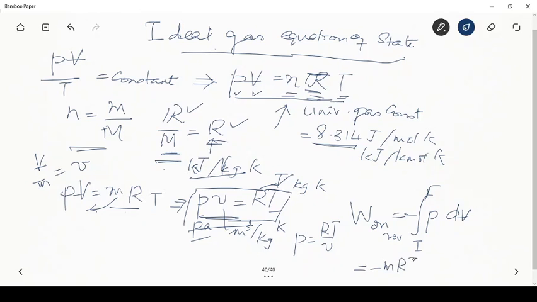So RT integral from I to F of dV divided by V. Okay, so this is basically what you get. So this integration basically then will become, this I is VI and this F is VF, so this integral can be replaced as minus mRT log. Okay, there is no space to write there.